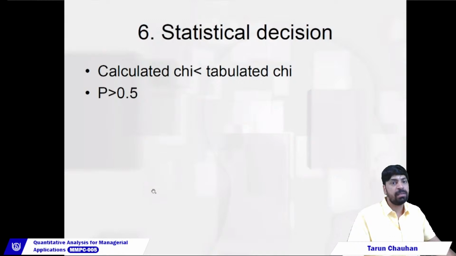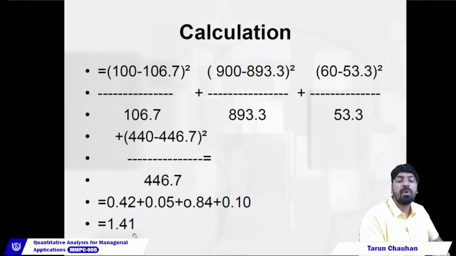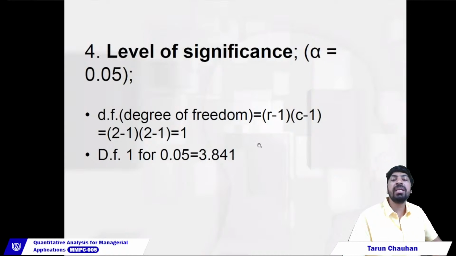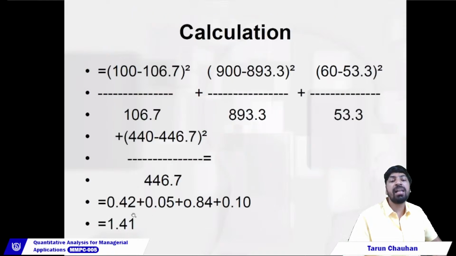If you see the calculated chi-square value and the tabulated, that is the table value of chi-square, 3.841, this is the statistical decision. The calculated chi-square value is 1.41, and the tabulated chi-square value is 3.841.